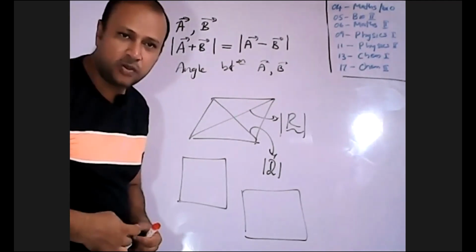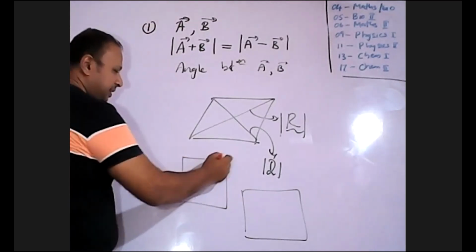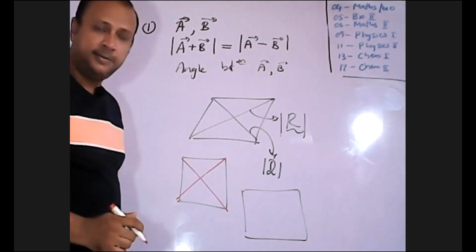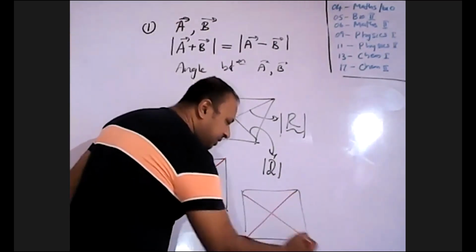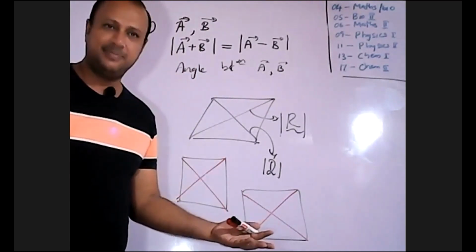So if two diagonals are equal in length, definitely the parallelogram should be a square or a rectangle.